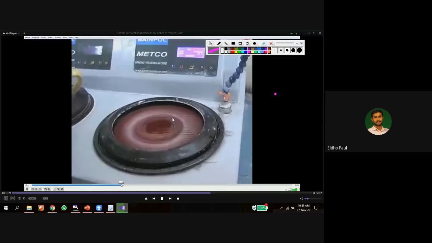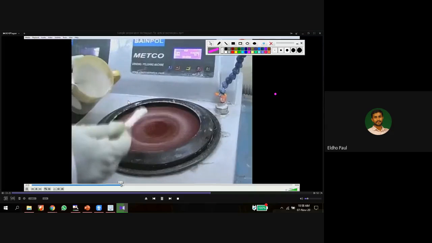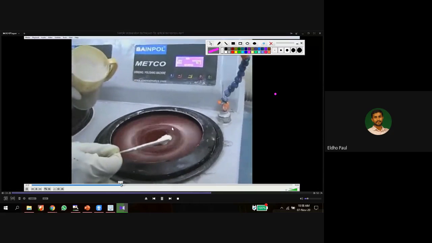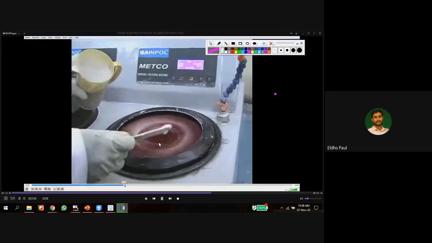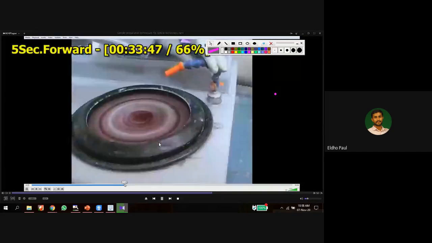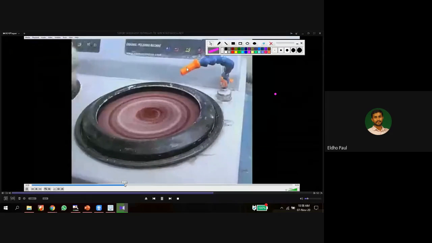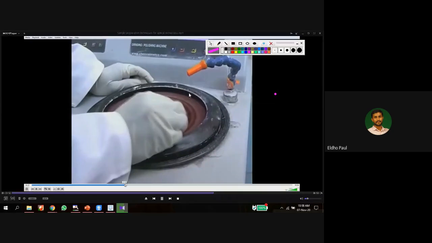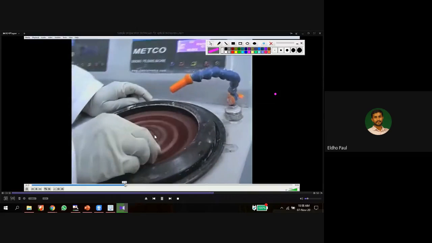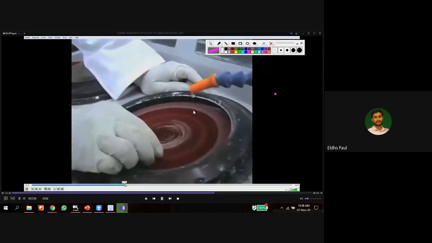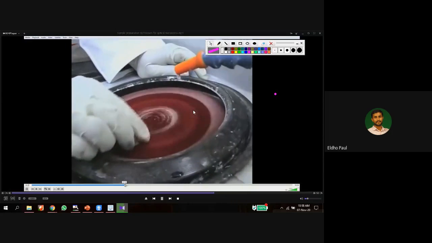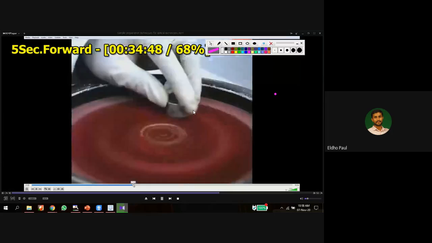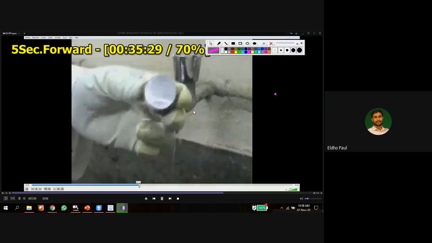We put some aluminum onto this rotating cloth, and this is the first stage, and we apply some amount of water. Then we hold the workpiece specimen against this rotating cloth so that polishing will occur. So this is the first stage of polishing.